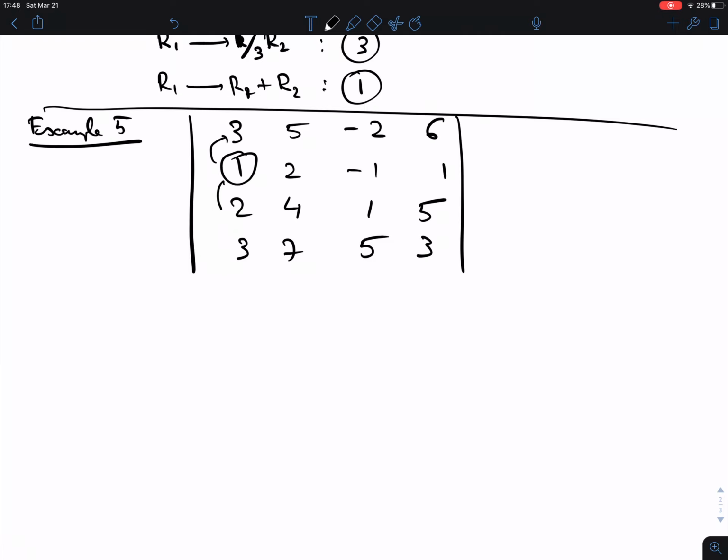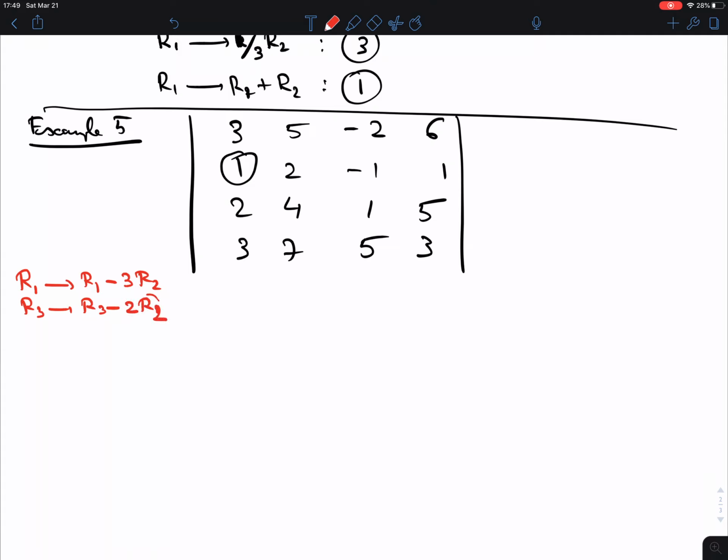Okay, let's do this. So let's write down the row operations that I'm planning to do. First of all, row 1 I'm going to replace by row 1 minus 3 times row 2, right? If I multiply by -3 and add it up here, then I get 0. Then row 3 will be row 3 minus 2 times row 2.